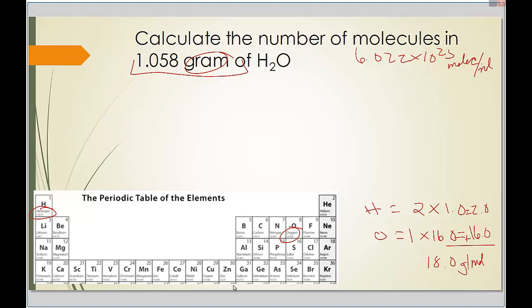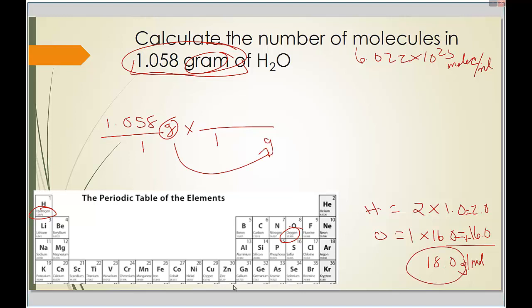1.058 grams over 1. Grams are on top, so I want to put grams on the bottom. 18.0 grams is equal to 1 mole. We have moles on the top, that means I want to put moles on the bottom. We're trying to get to molecules, so we're going to use this number.